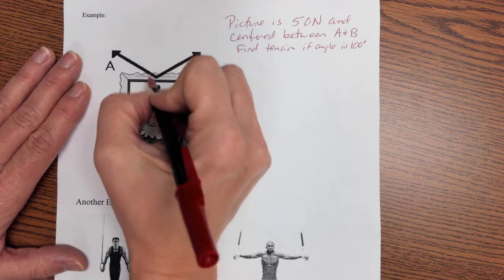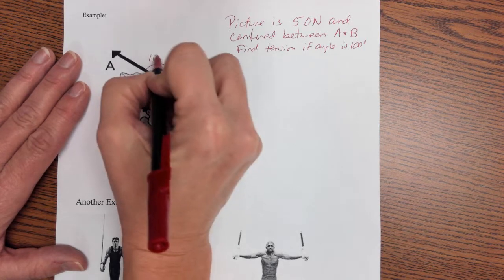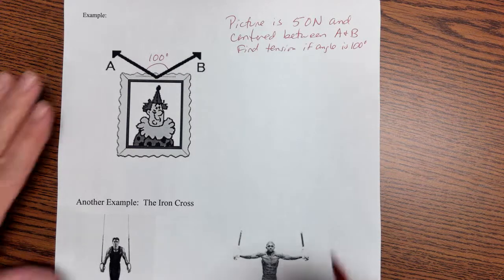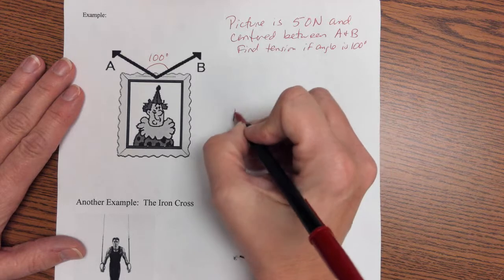Okay, so here's my picture over here. If there's 100 degrees between the 2 wires, we're going to find the tension in the 2 wires. So I'm going to redraw my picture.